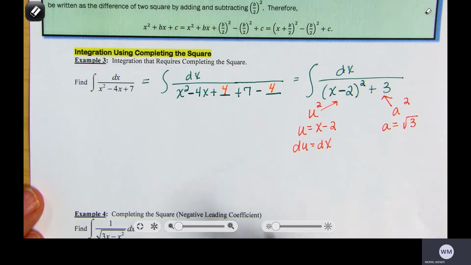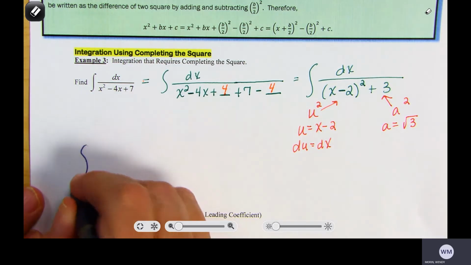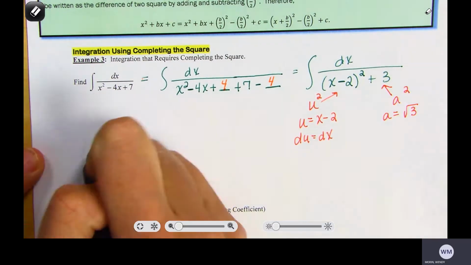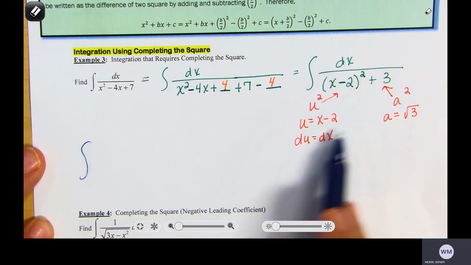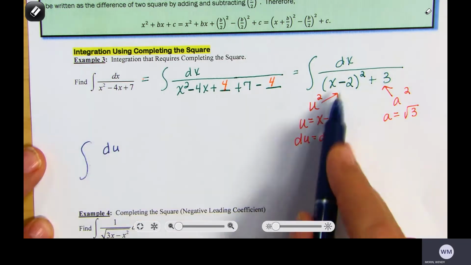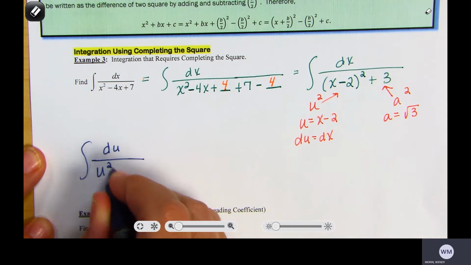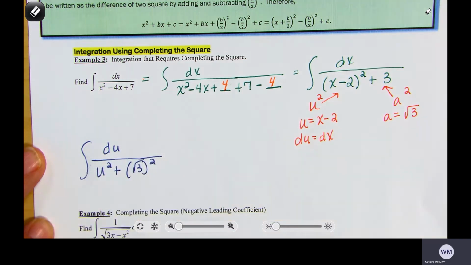So let's go ahead and rewrite it now in terms of u, and let's see if we can get the answer after that. Let's try that again. The integral dx is du divided by u squared plus the square root of 3 squared.